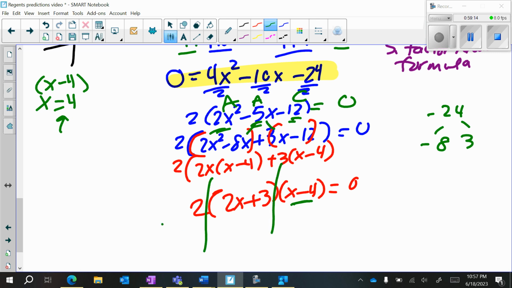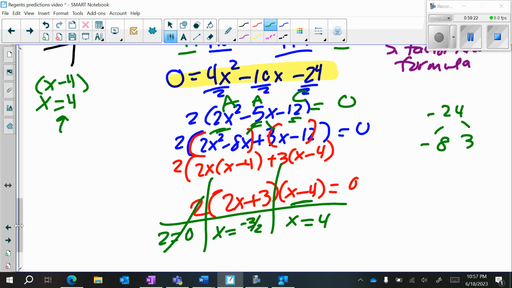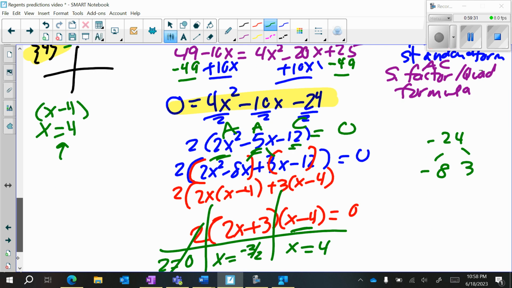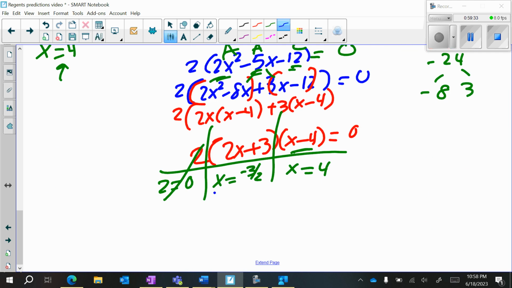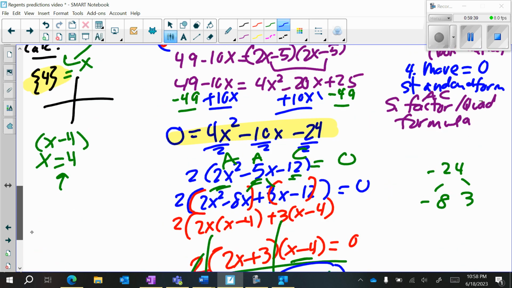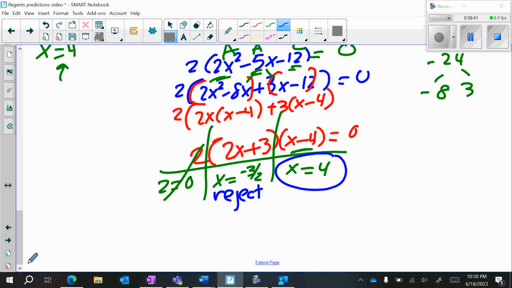And then you tee it off, and you reject the 2 because 2 does not equal 0. You get -3 halves, and you get 4. But remember, if you did this from the beginning, there was only one intersection, and that was at x equals 4. So that means you have to reject this other one. So you've got to be really careful with these. These are long. Look at how much work I did. A lot of work. It's not necessarily hard, but it's a lot of work.